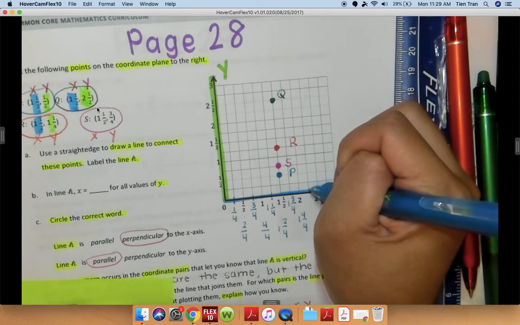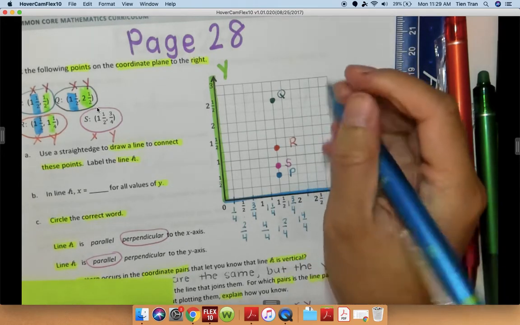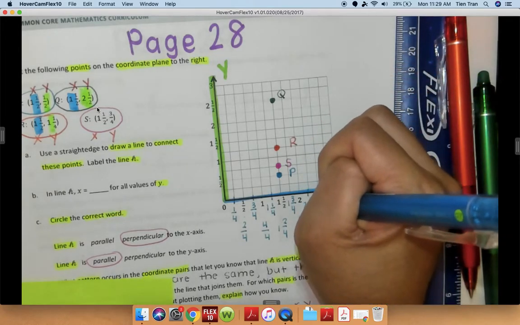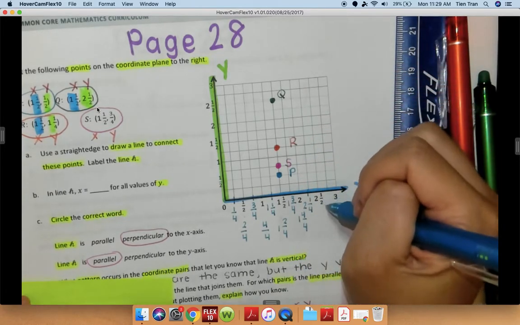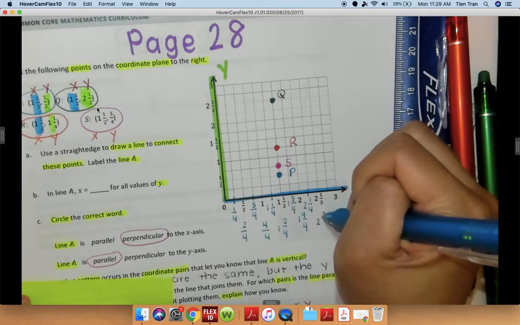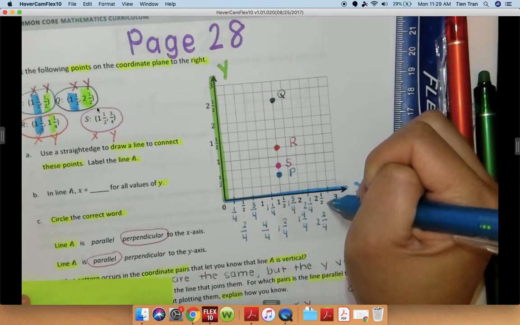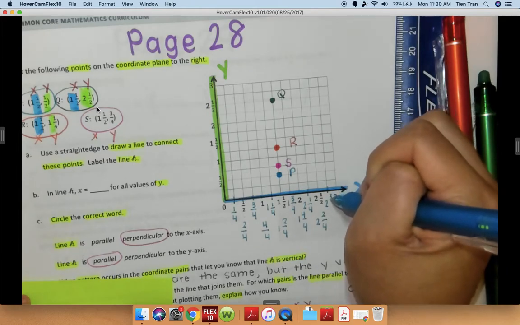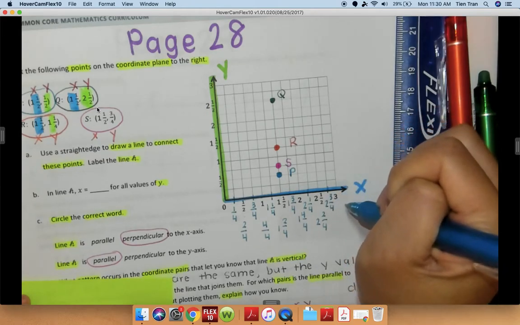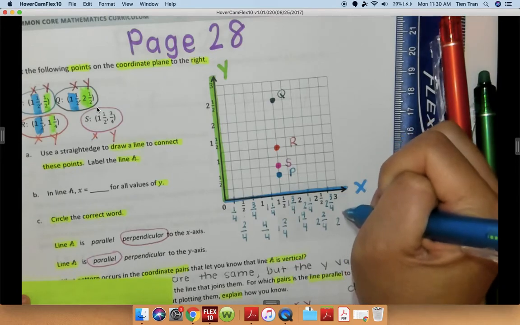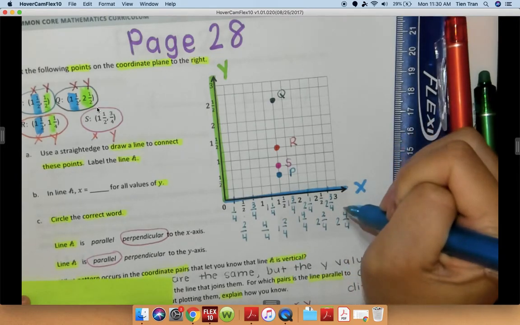And then after that, I have 2 and 1/4. After 2 and 1/4, I have 2 and 2/4, which is equivalent to 2 and 1/2. After 2 and 2/4, I have 2 and 3/4. And then the last one, I have 2 and 4/4, which is equivalent to 3.